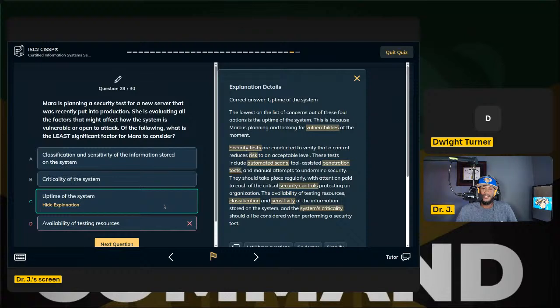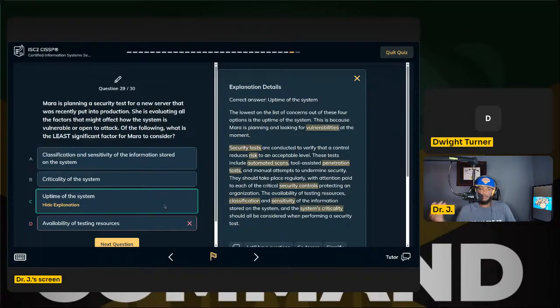I looked at it from the standpoint that if a system is down too long, then you start looking at RTO or MTD, maximum tolerable downtime.